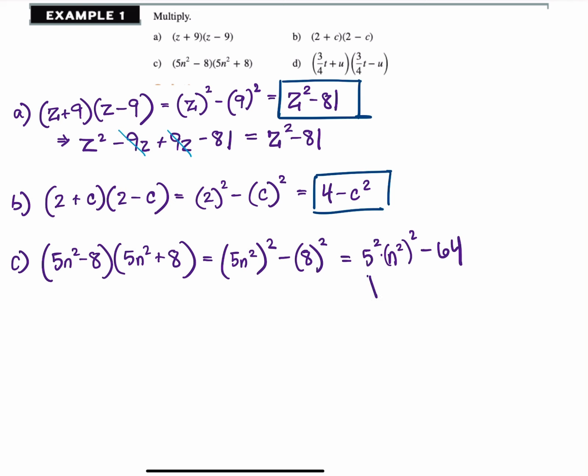Our 5 squared here will give us 25, 5 times 5. And then recall, when you raise a power to another power, the powers multiply. So the 2 and the 2 would multiply. So this should give us overall 25 times n to the 4th power minus 64.